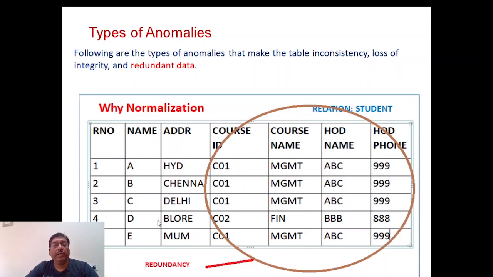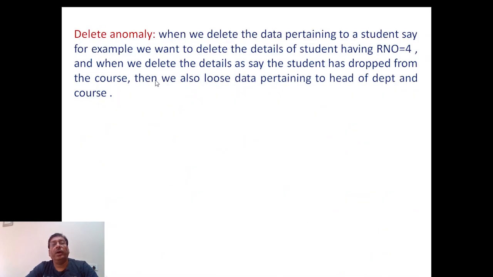When a student drops from a college, we don't have to drop the course, we don't have to drop the HOD. But in this case, when you delete this particular record, the details pertaining to the course and the head are also getting deleted. So that is where we say it is a problem related to deletion of data.